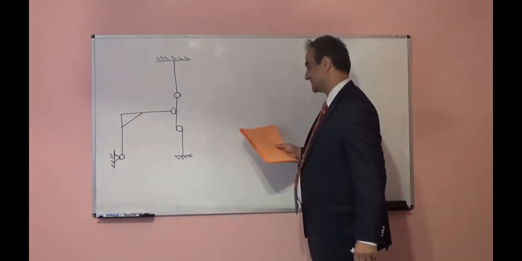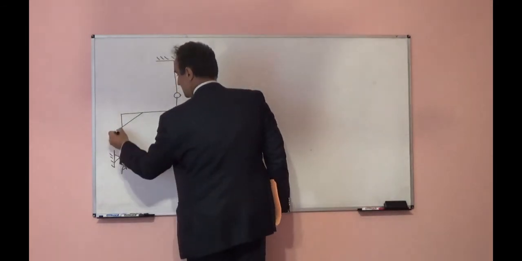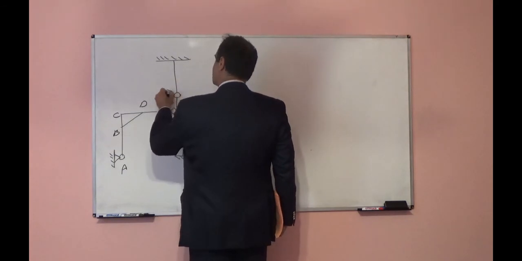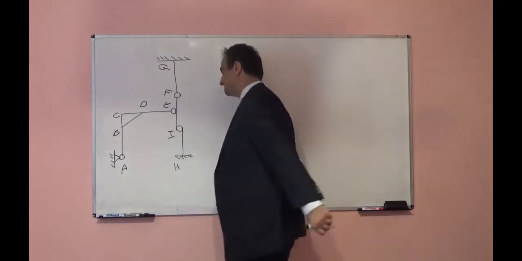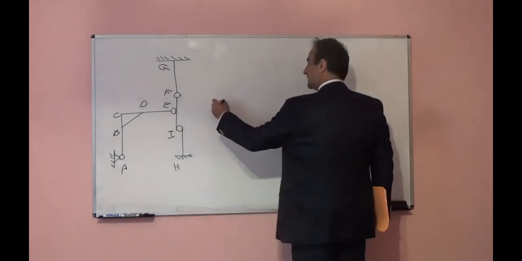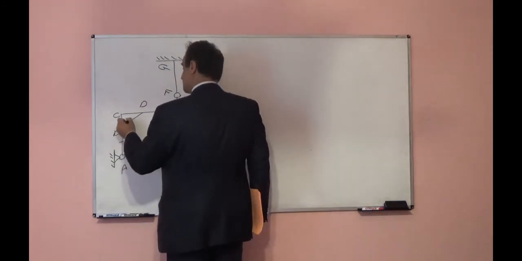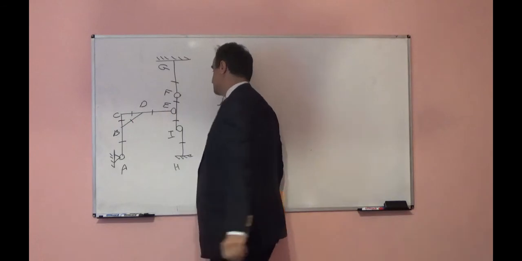This is our structure. So A, B, C, D, E, F, G, H, I. Number of members: 1, 2, 3, 4, 5, 6, 7, 8, 9.